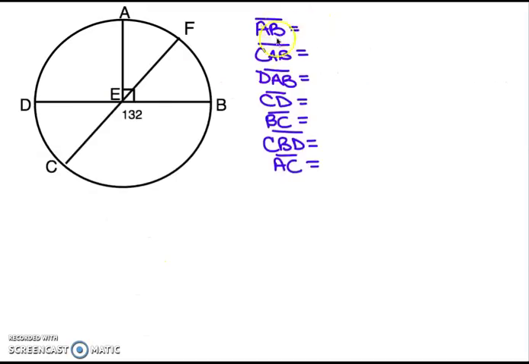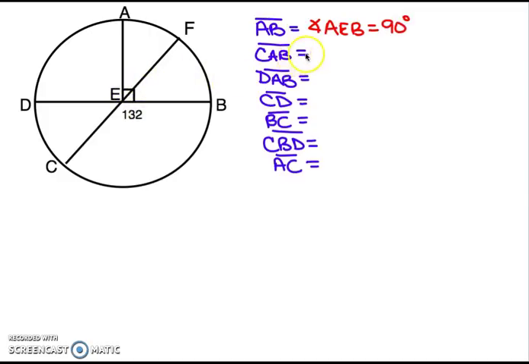If we go through and we find each of these, we can see here that AB would be equal to angle AEB. And when we find that, that would be 90 degrees, which is marked for us there.